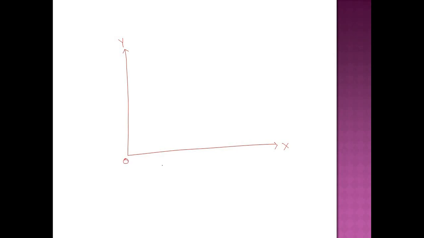In the x-axis we are taking partial pressure of oxygen, and in the y-axis this is the percentage of saturation of hemoglobin with oxygen.